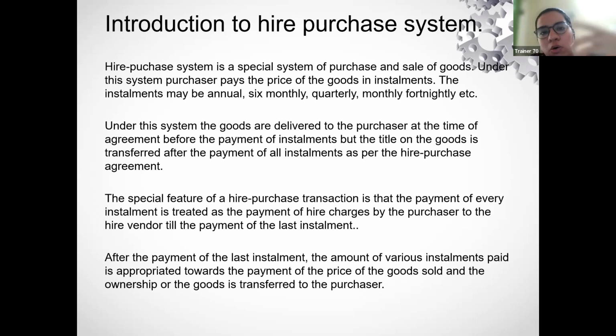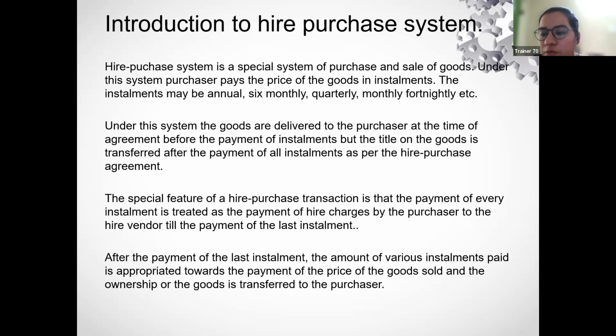Possession was with you, ownership was with the vendor. So along with the ownership, he has the right to take the possession of goods also from you. So you are no more holding the product, you don't have the possession, you don't have the ownership, you don't even have the right to use that product. That is what happens under hire purchase.